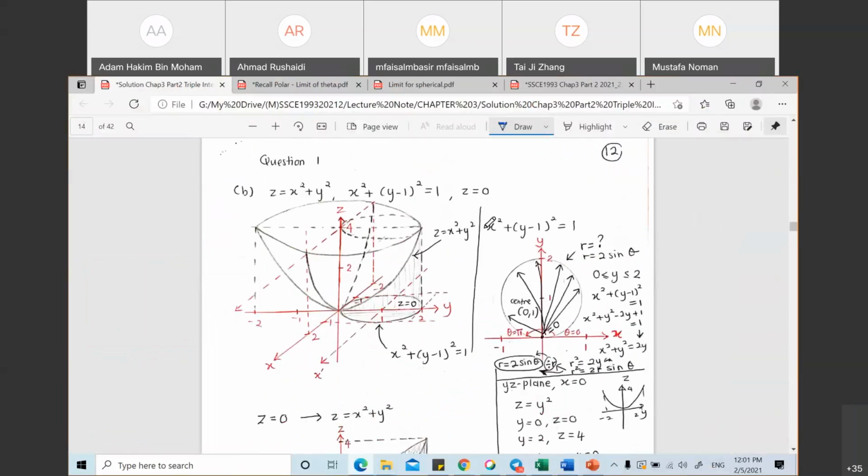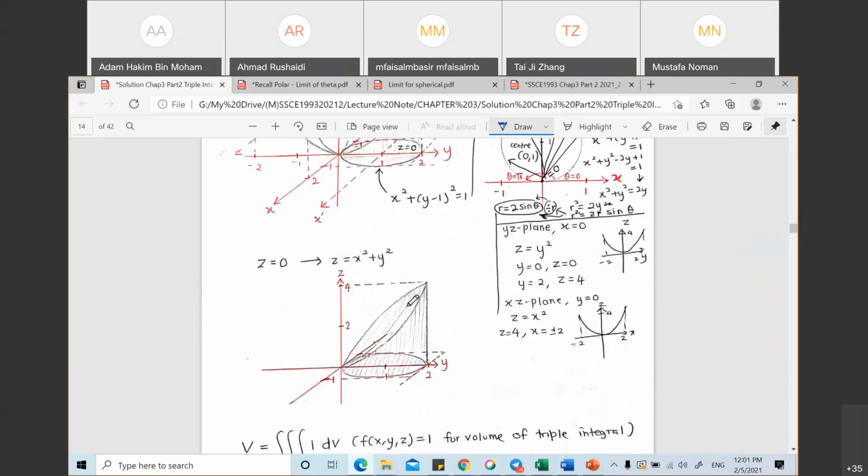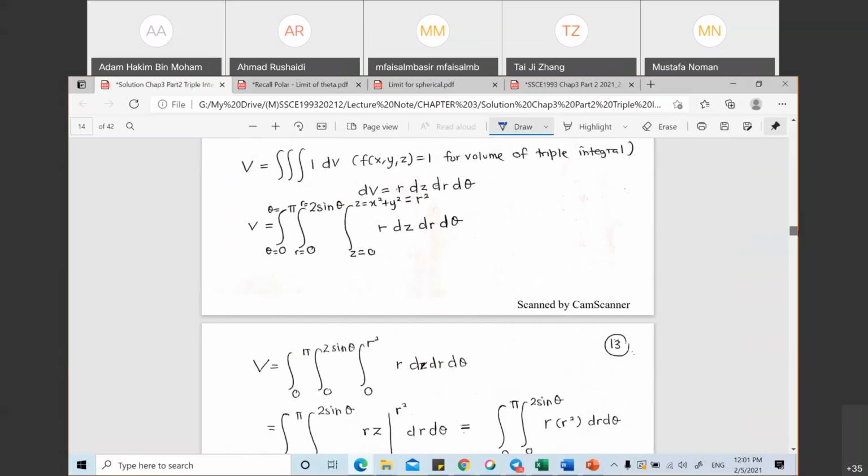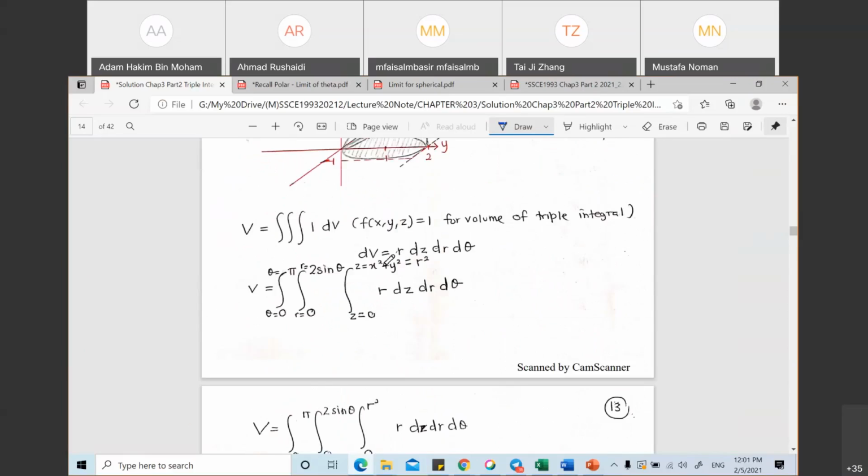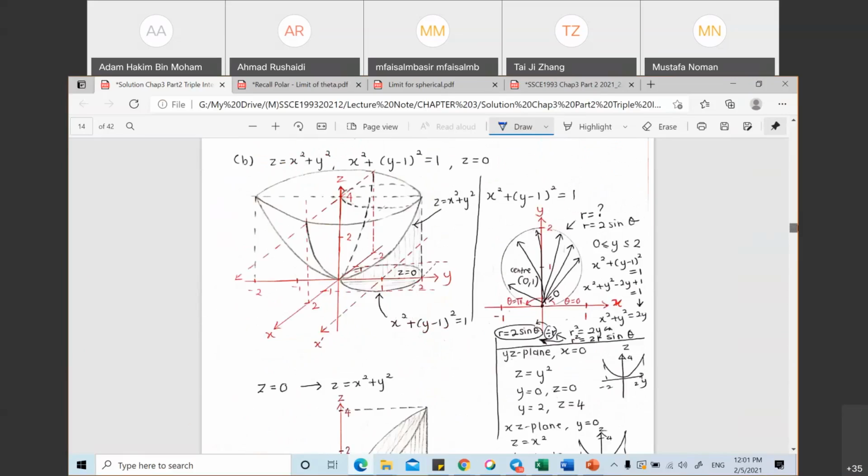So the bounded part is here. Yes, this is the bounded part. If I cut, it is z from 0 to z equals x squared plus y squared, which is r squared. And then your radius, now it is moved to the right-hand side, so 0 to 2 cos theta or 2 sin theta.